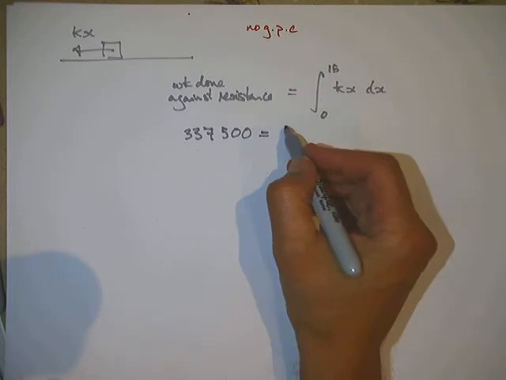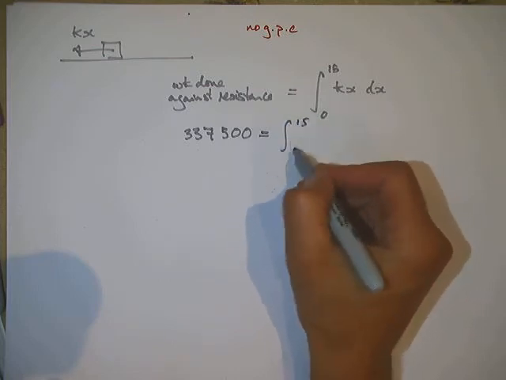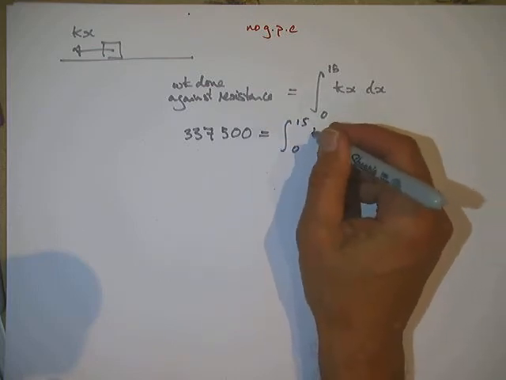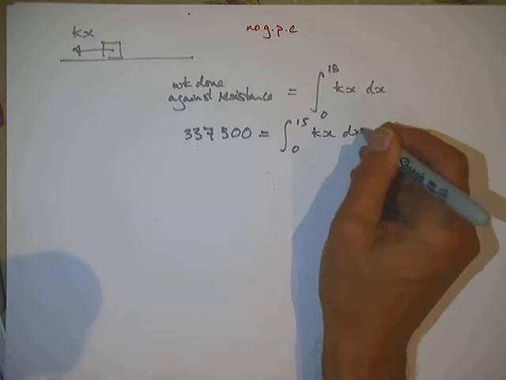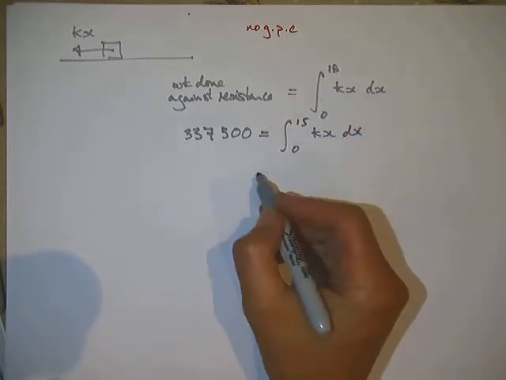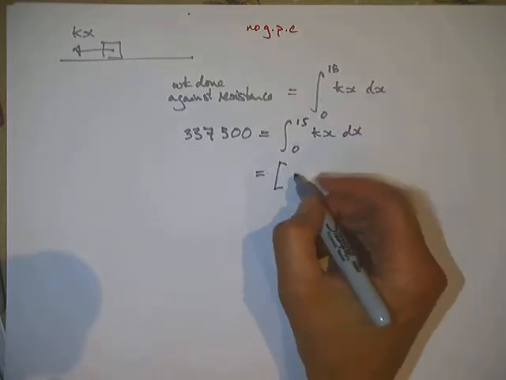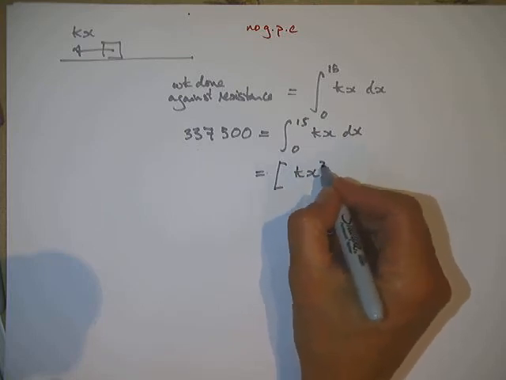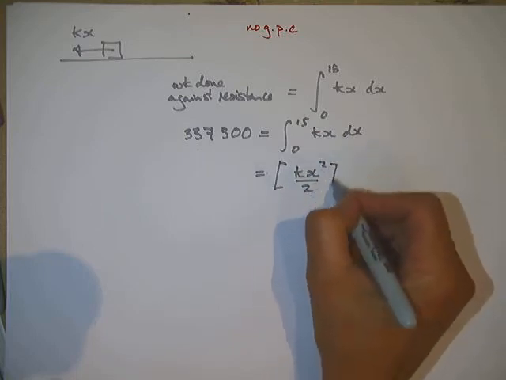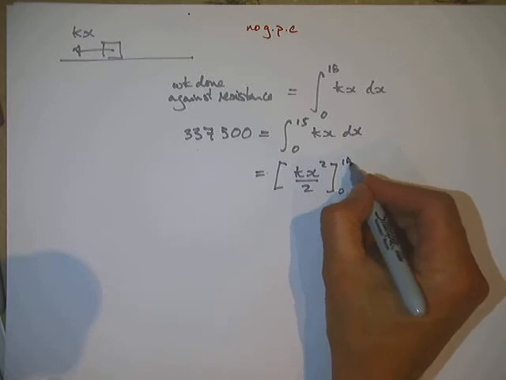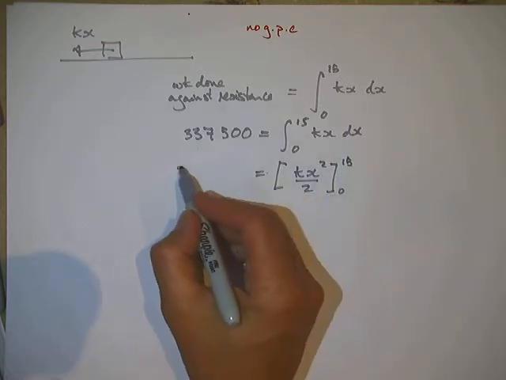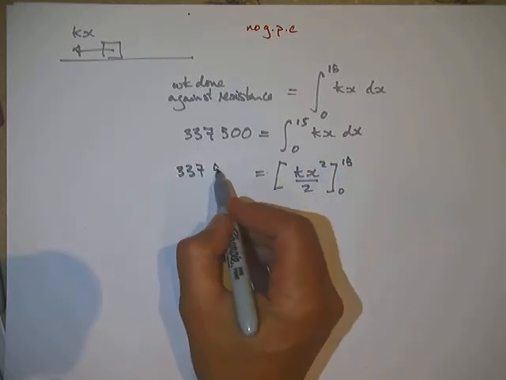Okay, so integrating that between 15 and 0 gives that. So kx squared over 2 between 0 and 15 is that.